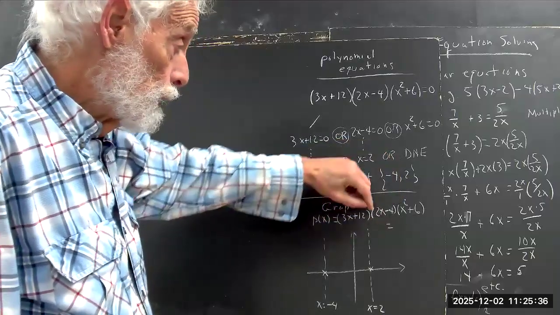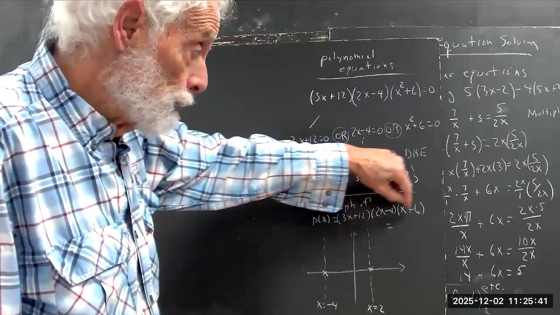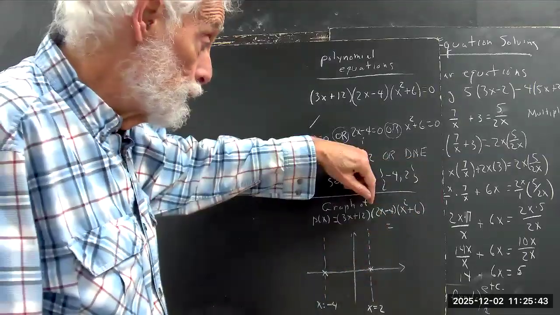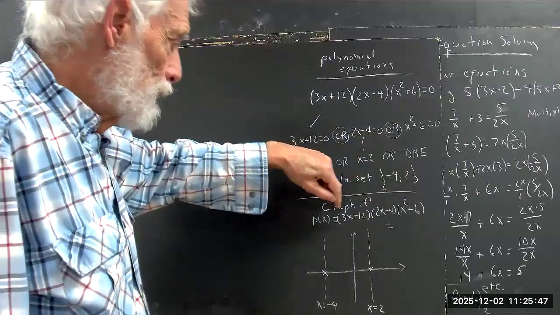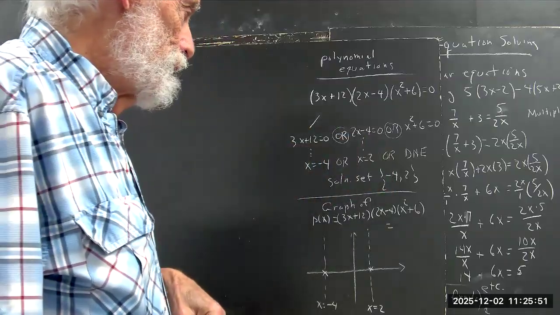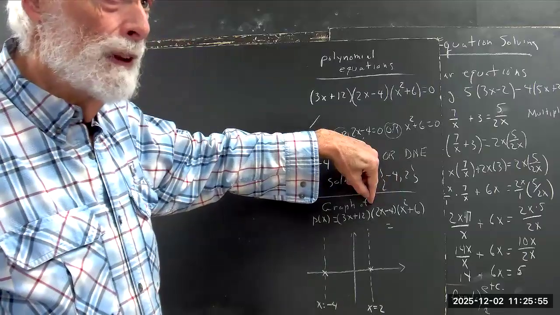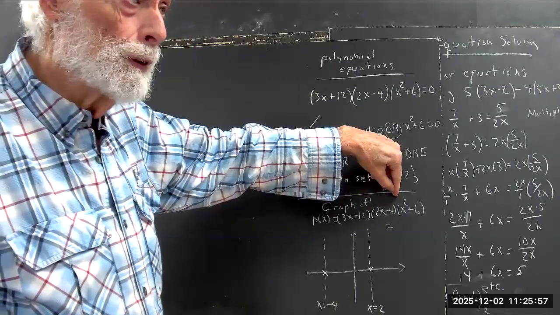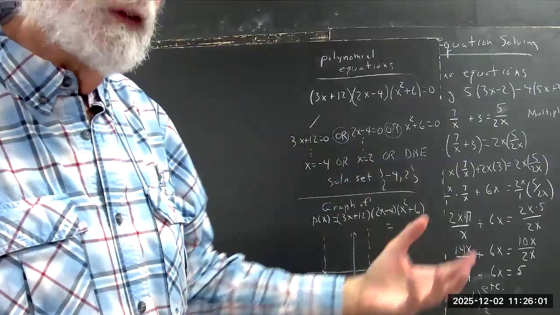If I do the distributive law on this, I'll have 2x times the quantity x squared plus 6, minus 4 times the quantity x squared plus 6. So I'll have a 2x times x squared out of that. And then when I multiply this, I'll have a 3x multiplied by that. I have a 2x cubed out of that. 2x times x squared is 2x cubed. And then 3x times that is 6x to the fourth.